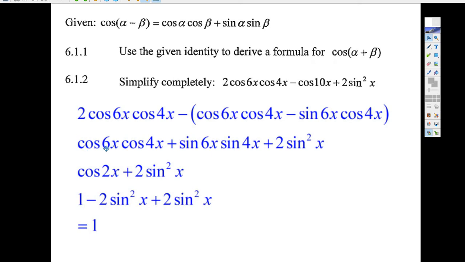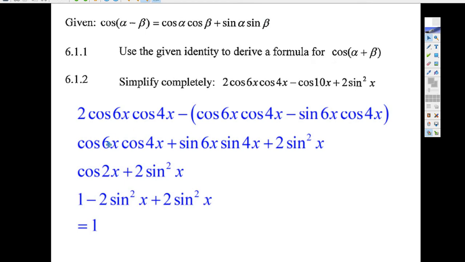It's just going to be cos 6x cos 4x, and then plus sine 6x sine 4x. But hold on, isn't that the difference one here? Is this whole formula cosine alpha cosine beta plus sine alpha sine beta?